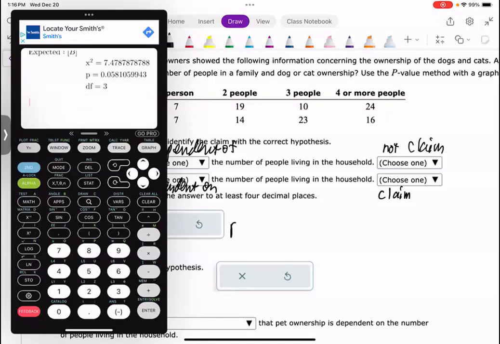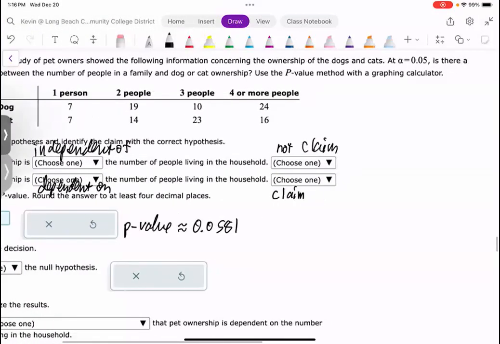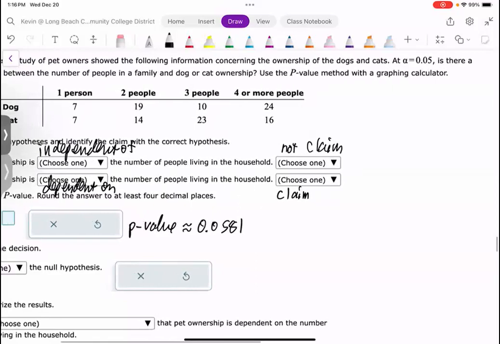P-value. In this case is about 0.0581. And our alpha is 0.05. Ooh.